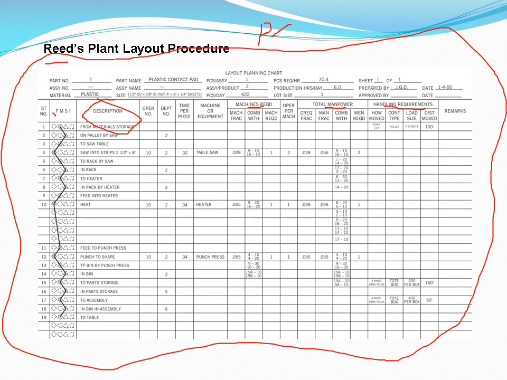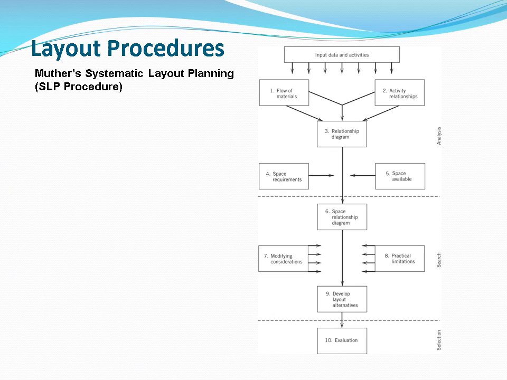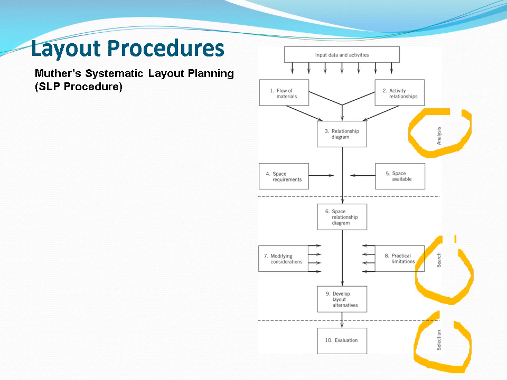This is a planning chart, just to capture the essence and the quantities that are needed. In this slide, there are stages. You analyze, and then there is the evaluation, and then there is a search for alternative.